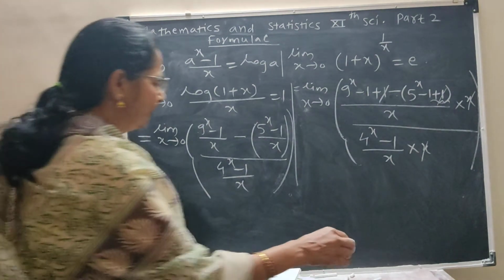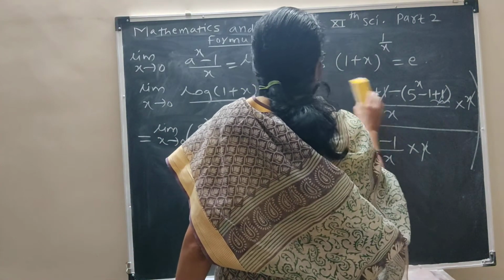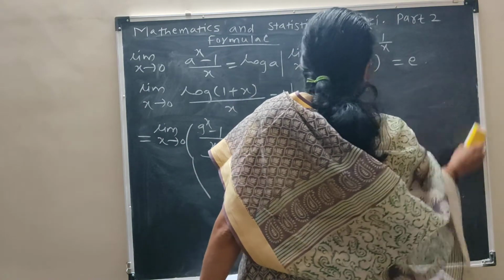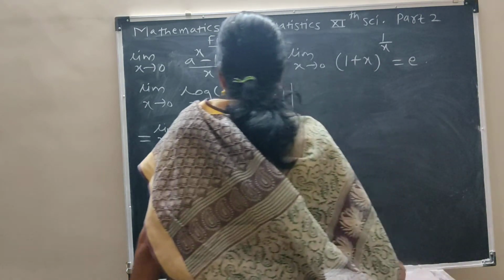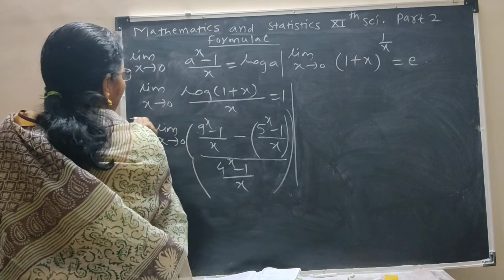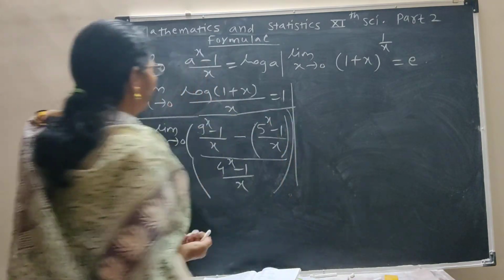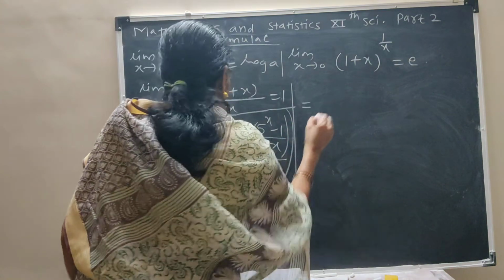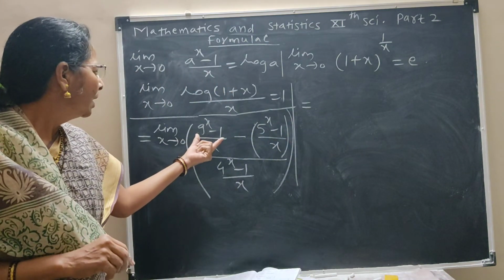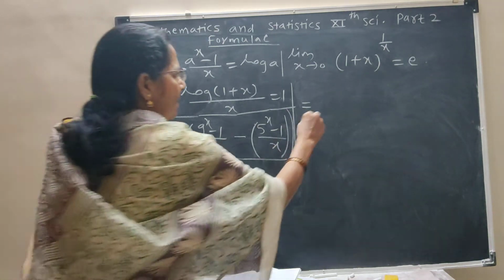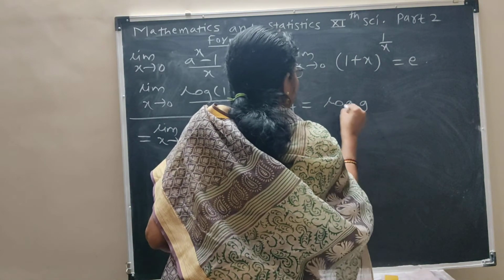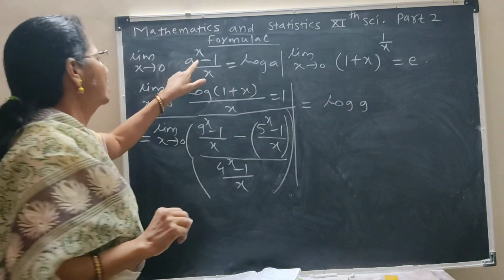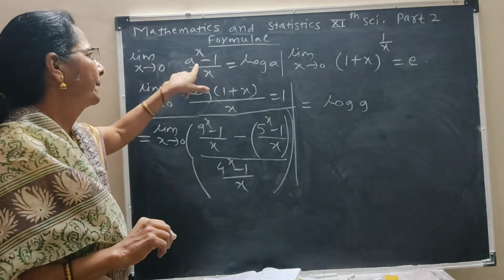Now next step is, here, add this limit. This is log 9: a raised to x minus 1 upon x is log a.